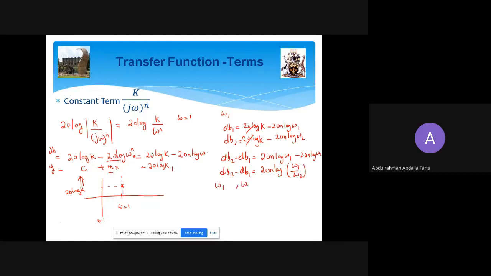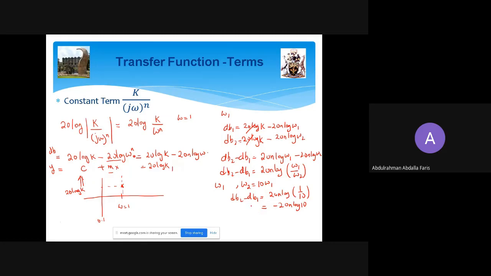So say omega 2 is just 10 times omega 1, then dB2 minus dB1 is equal to 20n log 1 over 10, which is just minus 20n log 10.